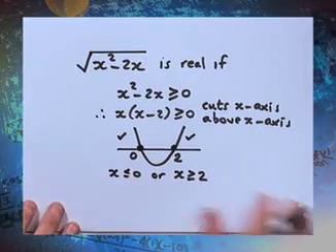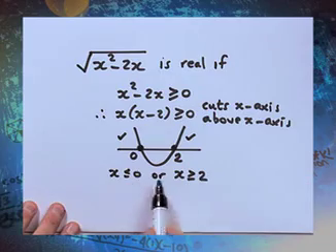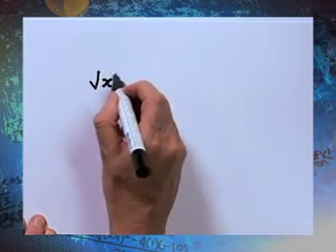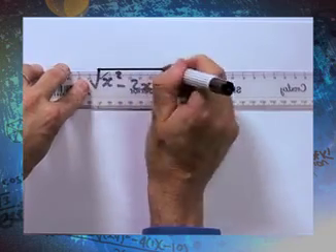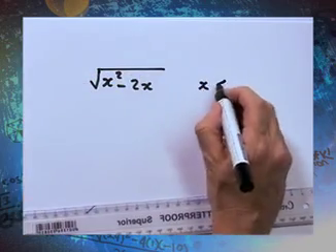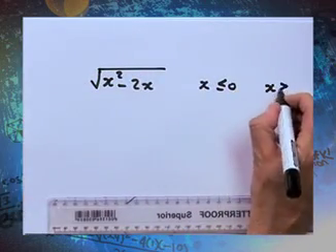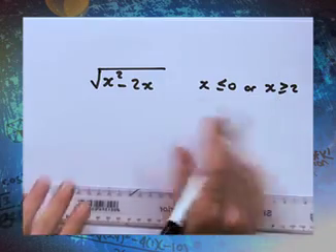Let's test it. Let's pick a value smaller than 0. Let's try x equals -2. Here's our expression, x squared minus 2x, and for all values of x less than or equal to 0, or greater than or equal to 2, this is going to be real.